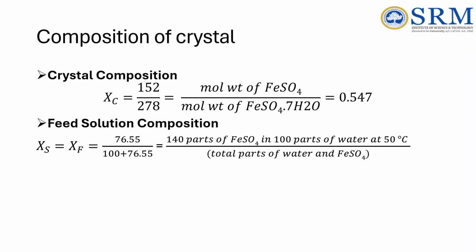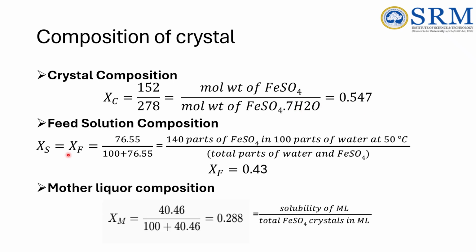With these solubility values, we further compute the crystal composition. For the crystal, it is just the molecular weight of FeSO4 over the molecular weight of FeSO4.7H2O. This gives us the crystal composition. For the feed solution composition, we divide the individual by the total.